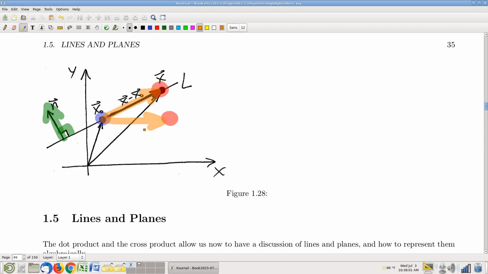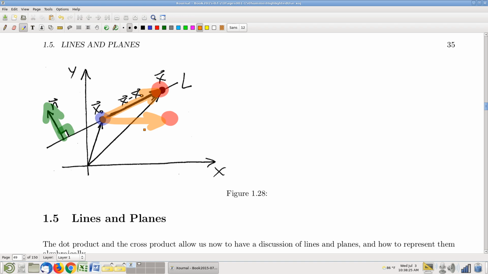Notice that if the point x is on the line, then x minus x naught is parallel to the line. And I remind you of the distinction between parallel and on and in and all that business. So x being on the line means the difference is parallel to the line.